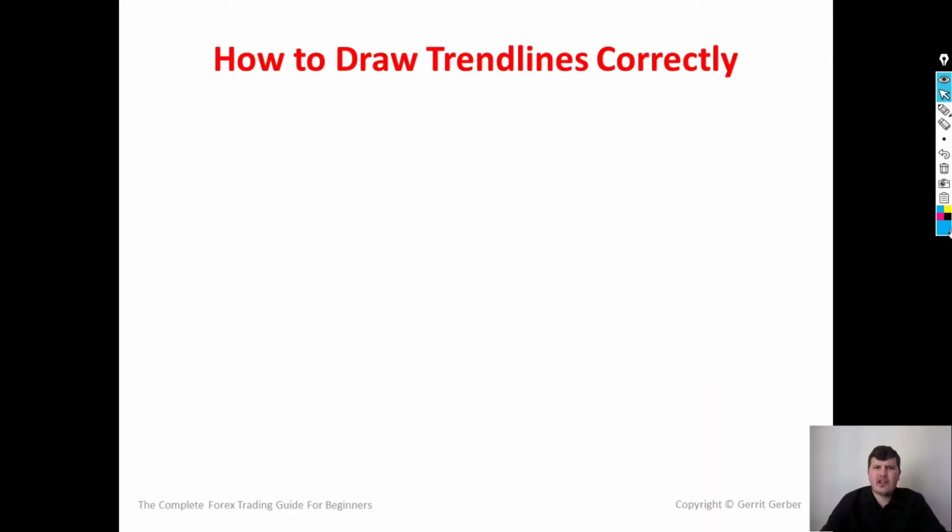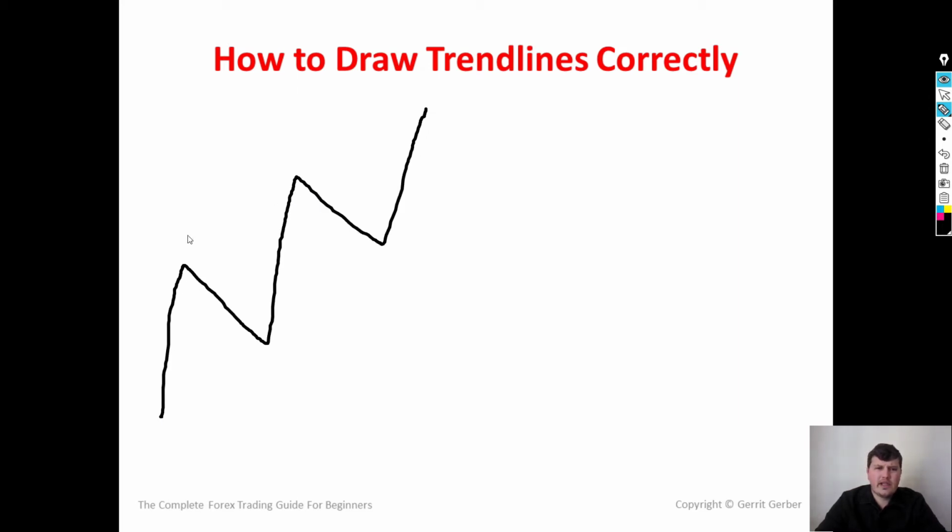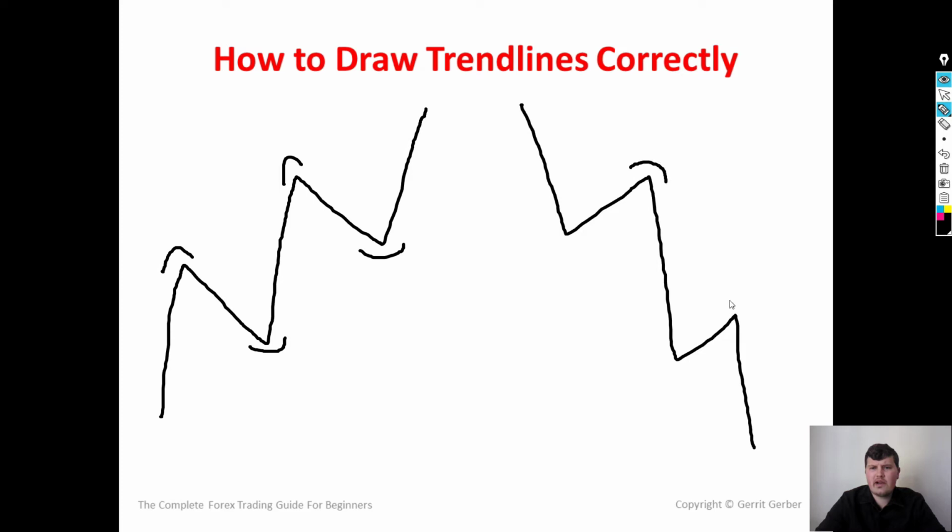In this video I'm going to show you guys how to draw trend lines correctly in the Forex market. Now, if you can remember from the previous video where we discussed how to determine market direction, there were two main methods that you could use. For uptrends, it was to determine whether the market is making a higher high and a higher low, and for downtrends, whether the market was making a lower high and a lower low.